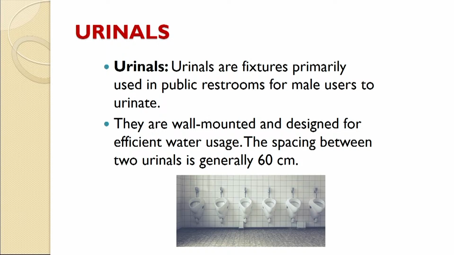Another important fixture is the urinal. You must have found them in different service areas, like railway stations and airports, where you will find dozens of urinals. I have provided you the figure; they are basically male urinals, and there is a standard space that should be kept between two urinals, that is 60 centimeters.